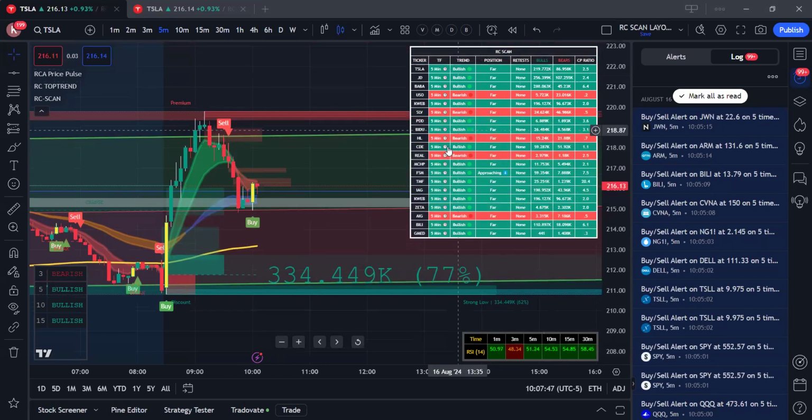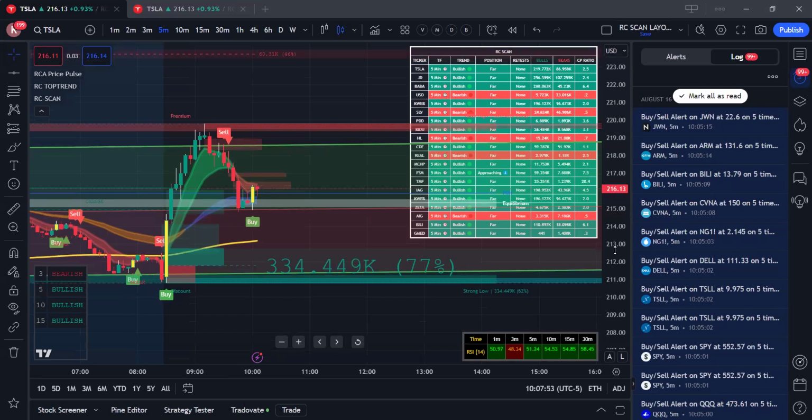So based on the scanner, there is a high possibility for it to go above 217.5. So Tesla 217.5 put. So we are selling 217.5, buying 215 and collecting 130 per contract.